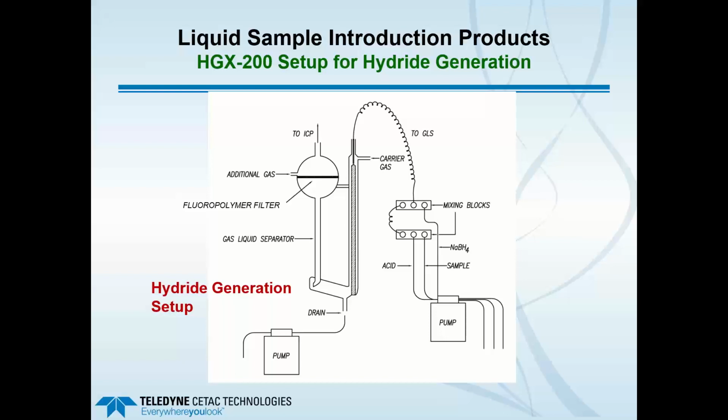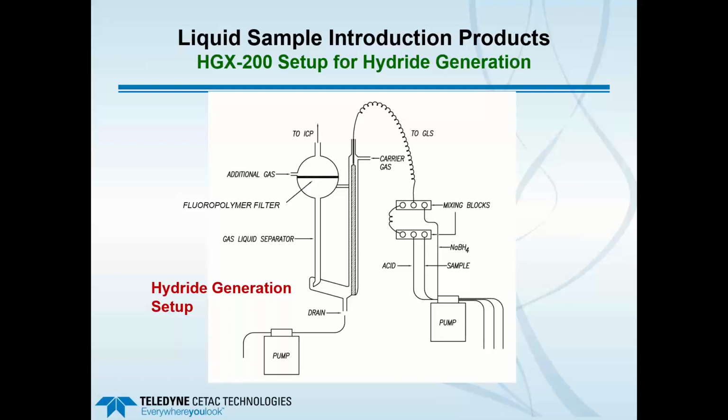Also note here the two pumps. And this depends upon the type of peristaltic pump you may have on your host ICP. On the analytical pump, you may have to use 2, maybe 3 channels to move the sample solution and reagents in. In some cases, you can dedicate another peristaltic pump if you need the extra channel to pump out the drain.